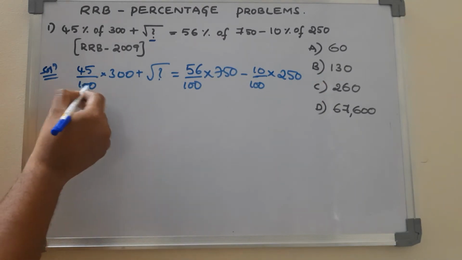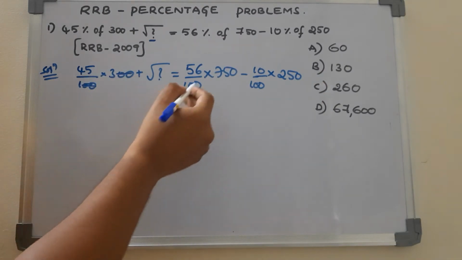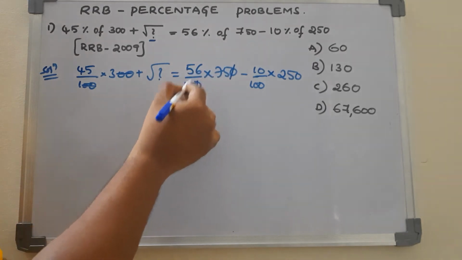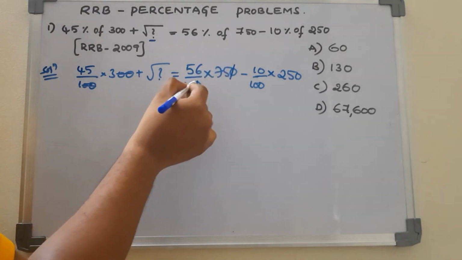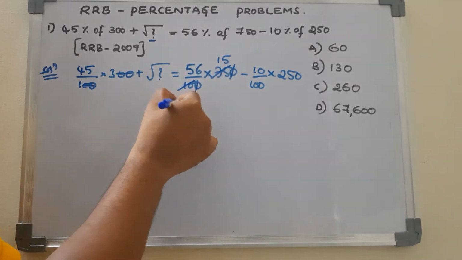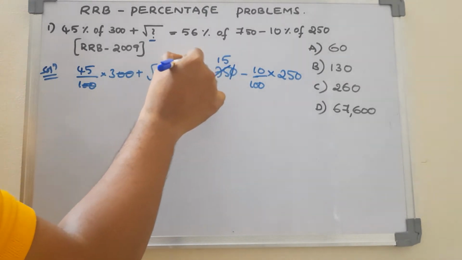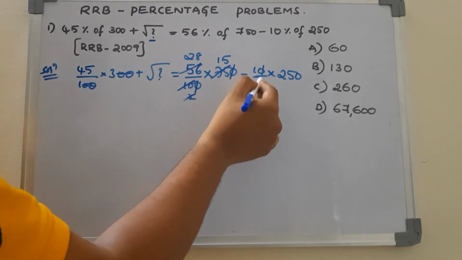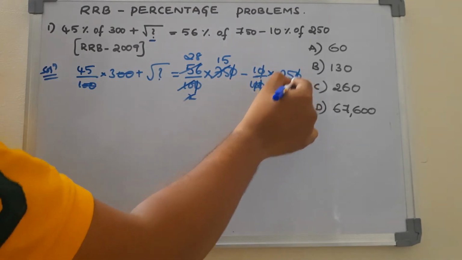Here two zeros are cancelled, and here one zero is cancelled. 5 2s are 10, 5 15s are 75, 2 28s are 56, one zero cancels, zero zero cancel.